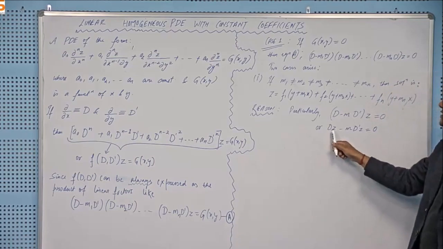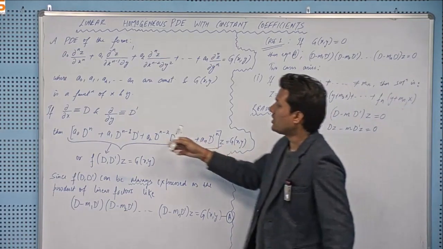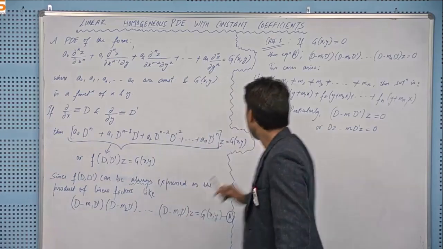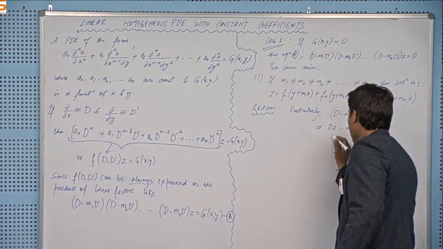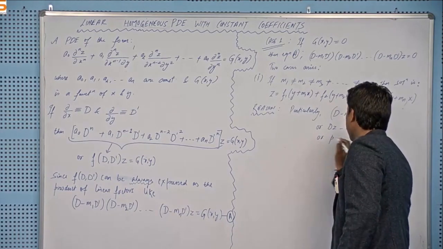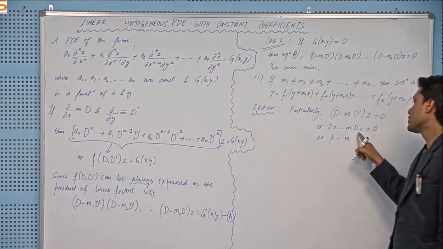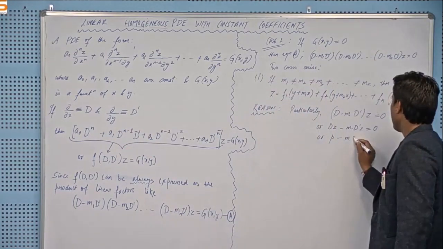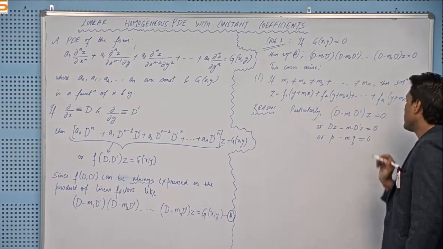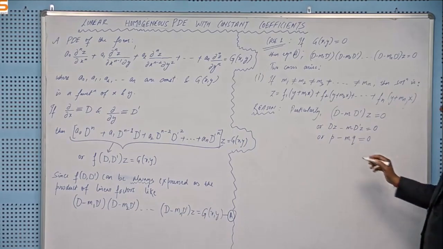And what is the Dz? D is actually del over del x, right? And then it becomes del z over del x, that is small p, minus m D dash z, that is del z over del y, and this is small q, equal to 0, right? And now you see this equation.